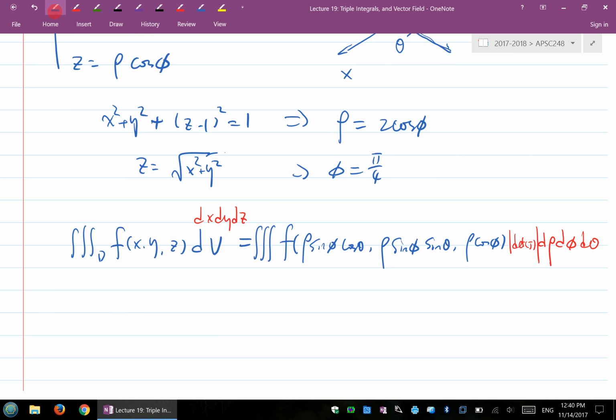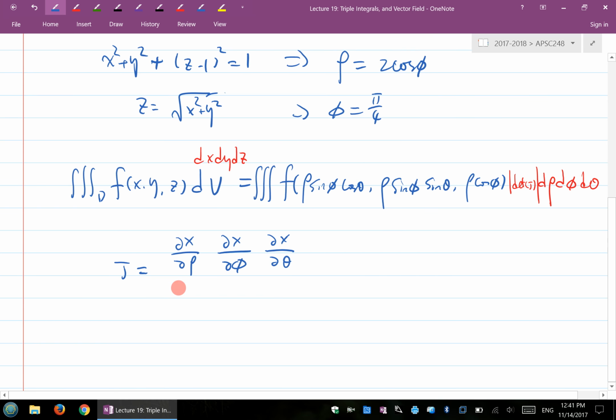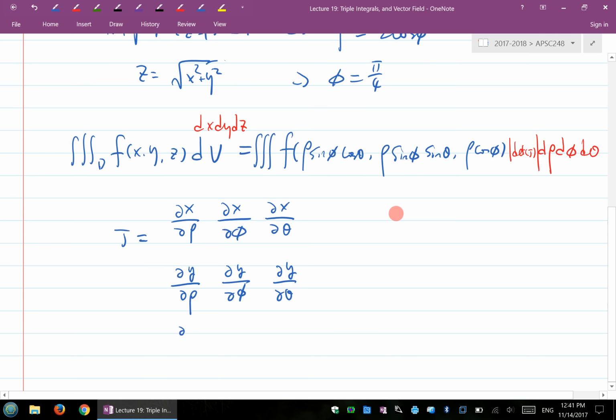If you recall, the Jacobian matrix is partial x over partial rho, partial x over partial phi, and partial x over partial theta. So it's 3 by 3: partial y over partial rho, partial y over partial phi, partial y over partial theta, and then partial z over partial rho, partial z over partial phi, partial z over partial theta.